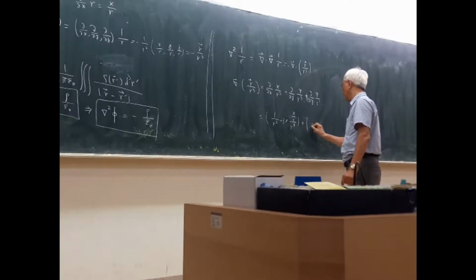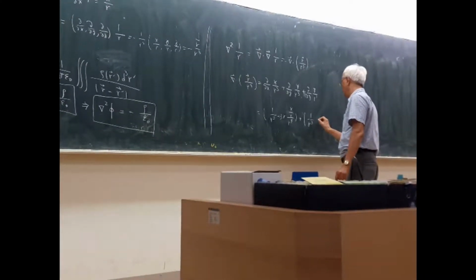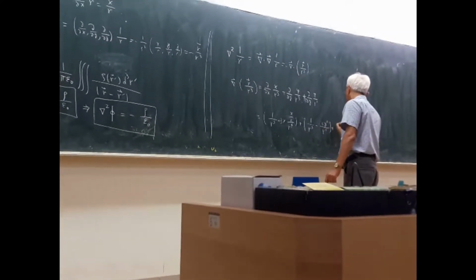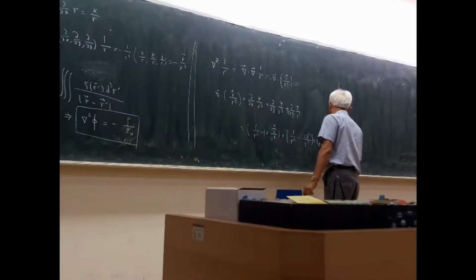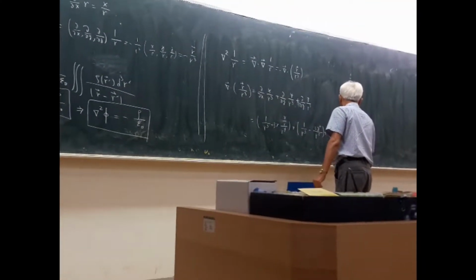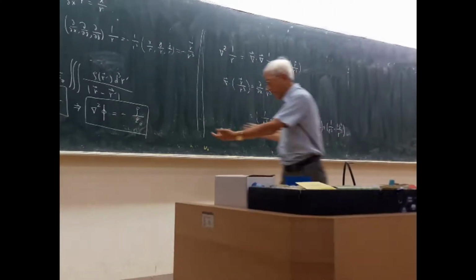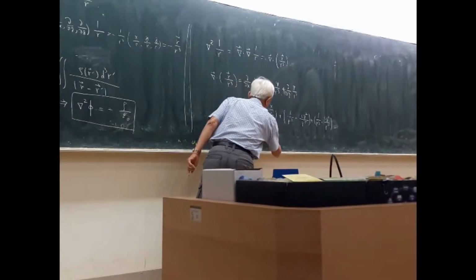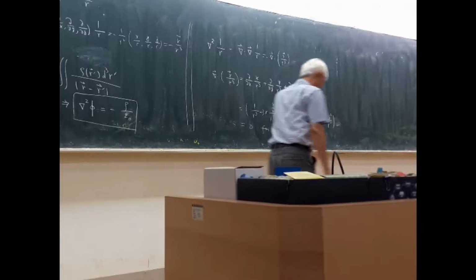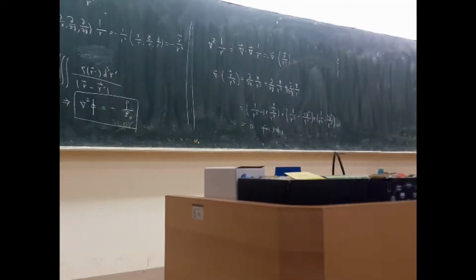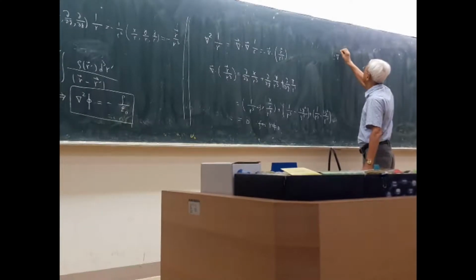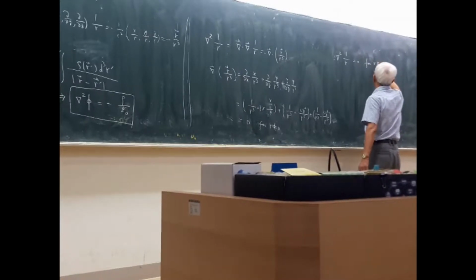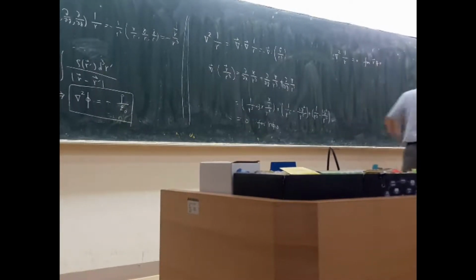So this is minus 3x squared over r to the 5th, and likewise minus 3y squared over r to the 5th, minus 3z squared over r to the 5th. So when you add up, it is 0. It is 0 for r not equal to 0.